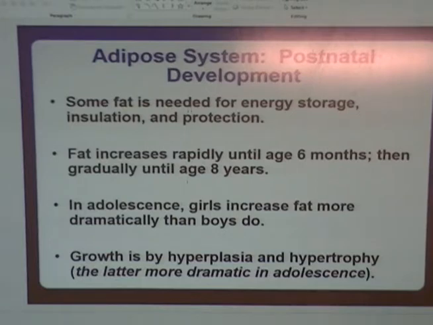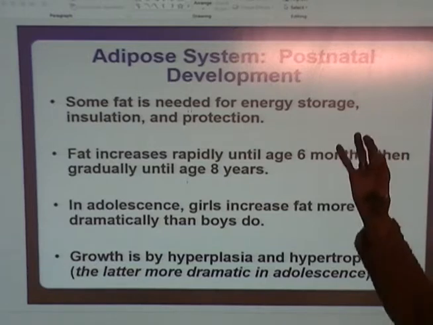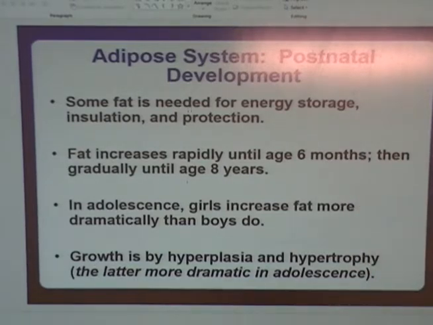So, unlike the muscular system, the adipose system during this period of time, early in the baby and then during puberty, is getting laid down. The growth that we see is both hyperplasia, so we lay down additional fat cells, and they're like little balloons, right? And we see hypertrophy.